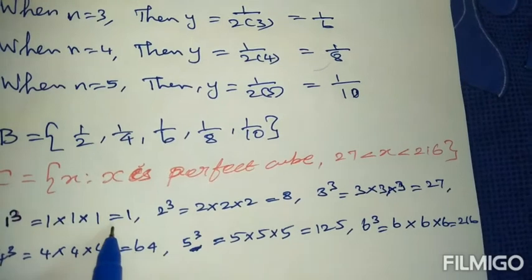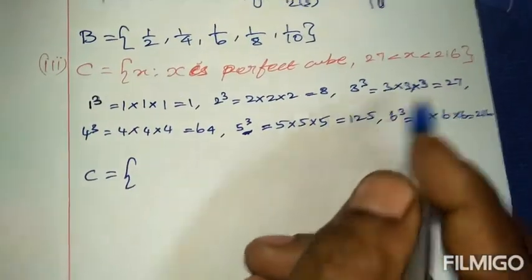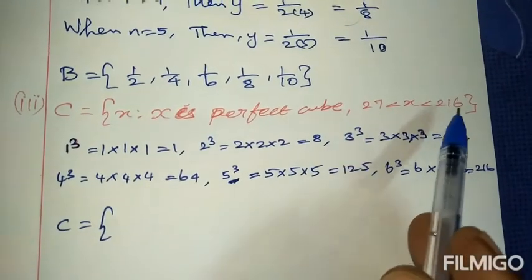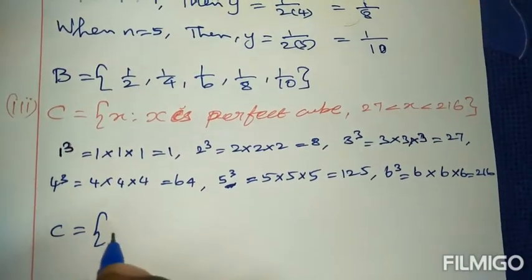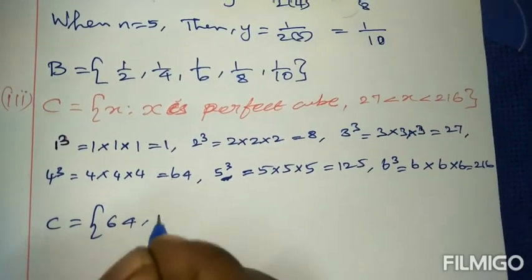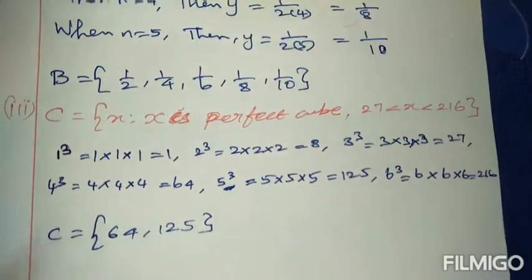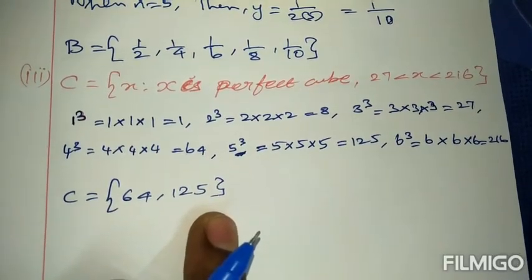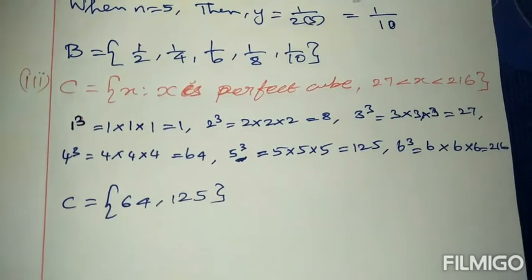So we observe the cube numbers here, we conclude that the numbers between 27 and 216 are 64 and 125 only. So it is the roster form of C.